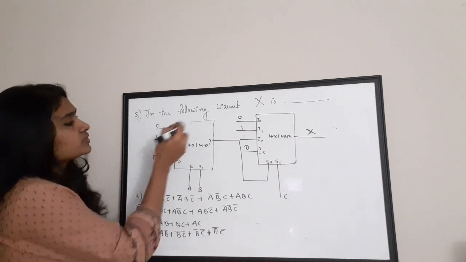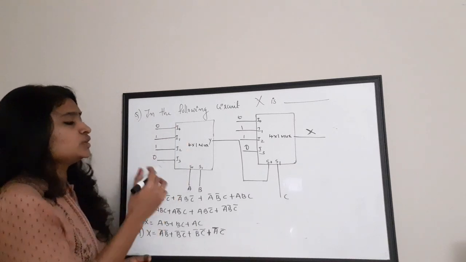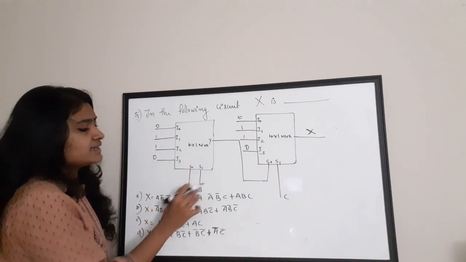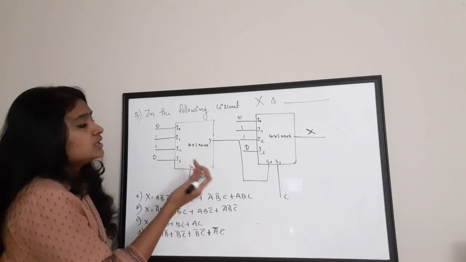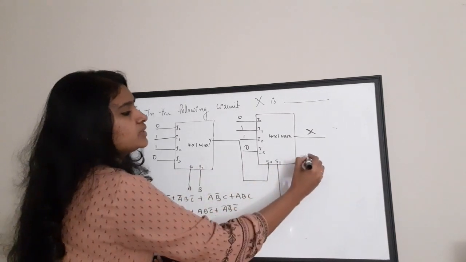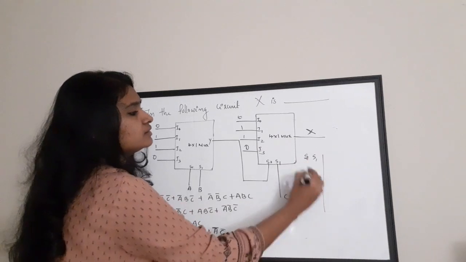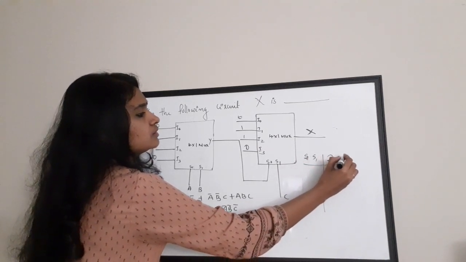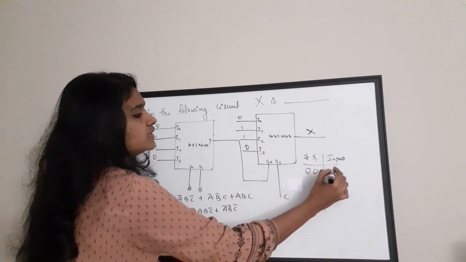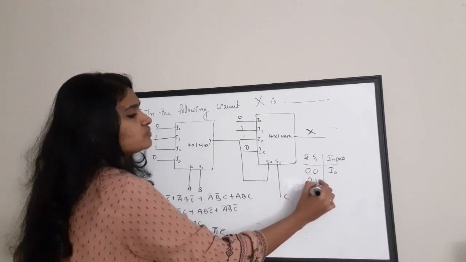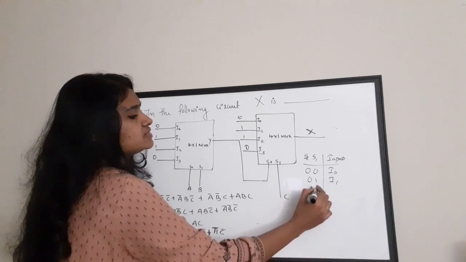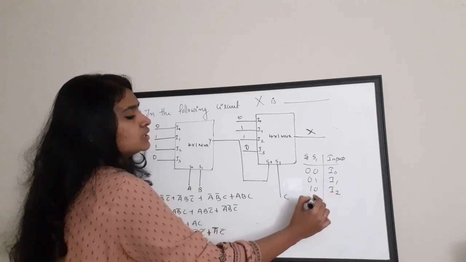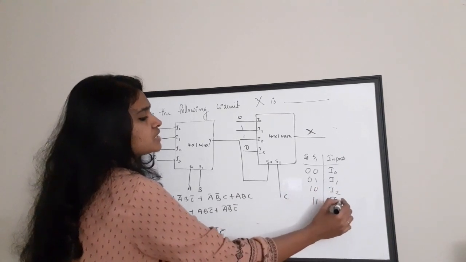Okay, so what are these inputs corresponding to? That is, if the select lines are S0 and S1, then the inputs corresponding are, that is, if it is 0, 0, then input I0, then 0, 1, then I1, then 1, 0, then I2, and 1, 1, then the input is I3.